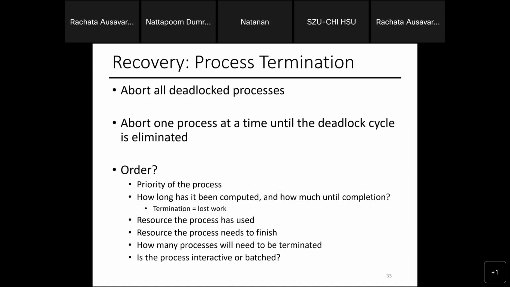For example, if it's been running for 99% of its lifetime, I am almost done, right? I maybe want to keep that one. Some processes will occupy, say, 5 gigabytes of your memory. If you are running out of memory, maybe one nice target is to abort Google Chrome. It actually uses a lot of memory, right? So if a process uses a lot of resources, maybe I want to kill that first.